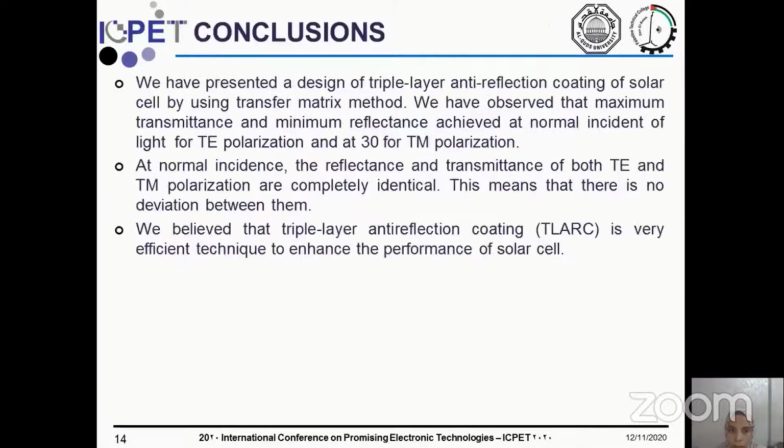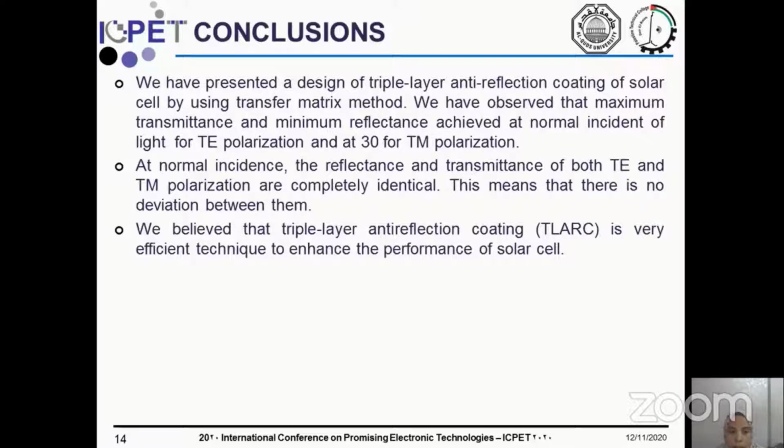Conclusion. We have presented a design of a triple layer anti-reflection coating of solar cell by using transfer matrix method. We have observed that maximum transmittance and minimum reflectance achieved at normal incident of light for TE polarization and at 34 for TM polarization.